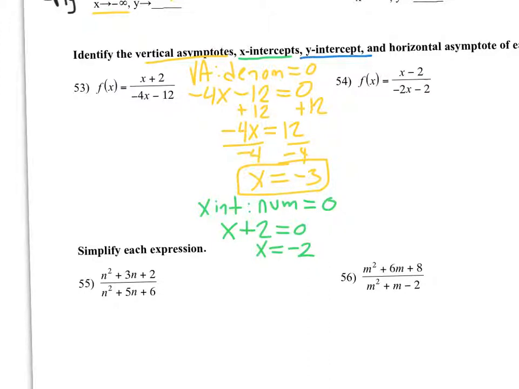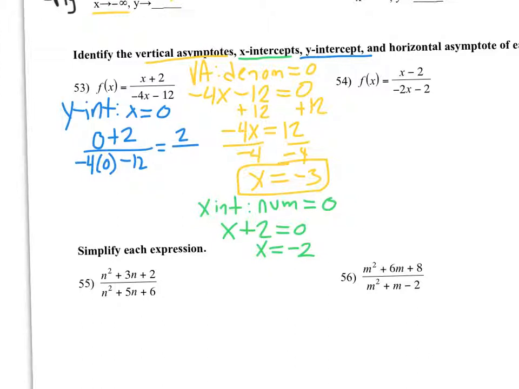For the y-intercept, I'm going to do this here. That's where x is equal to 0. So I'm going to plug in that, and we get 0 plus 2 over negative 4 times 0 minus 12. On top, that gives us 2, and on the bottom, that gives us negative 12. And that's my y-intercept.